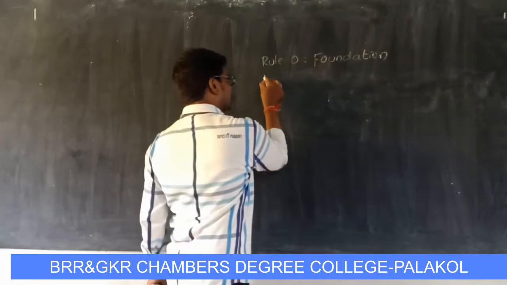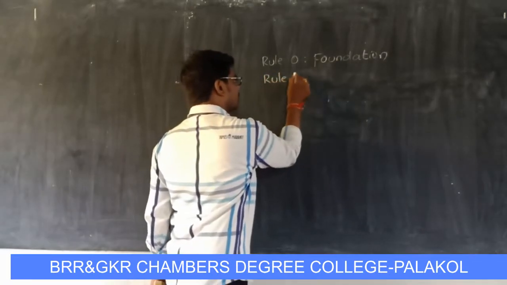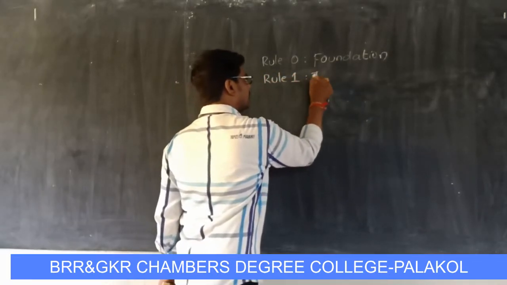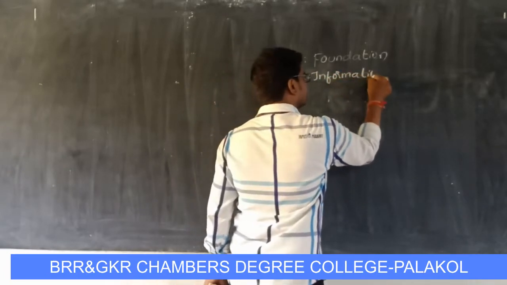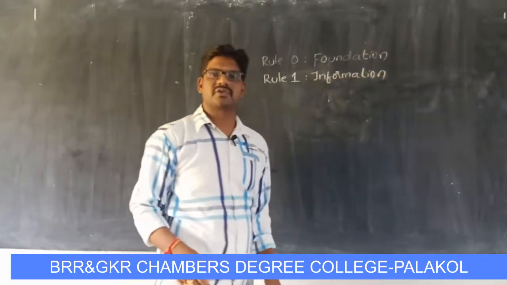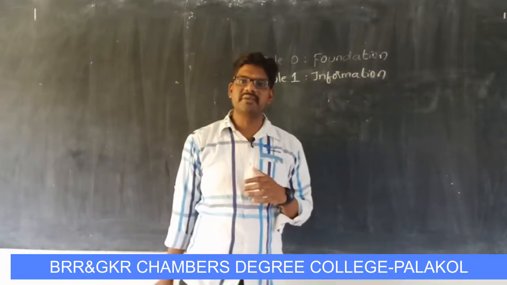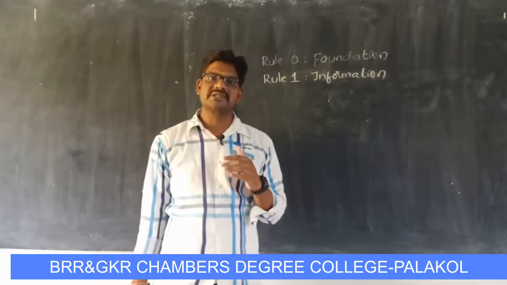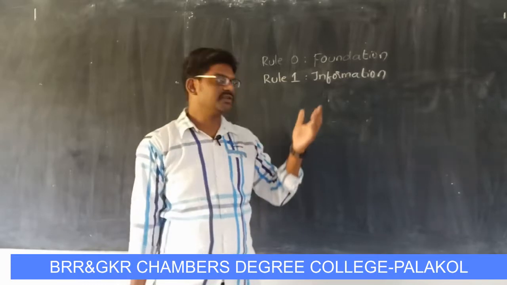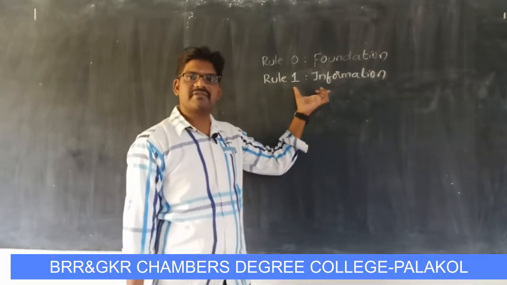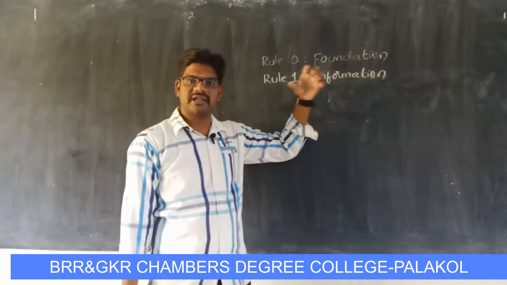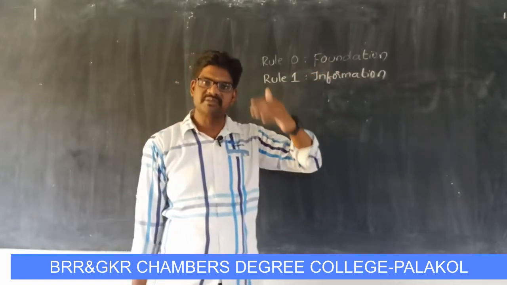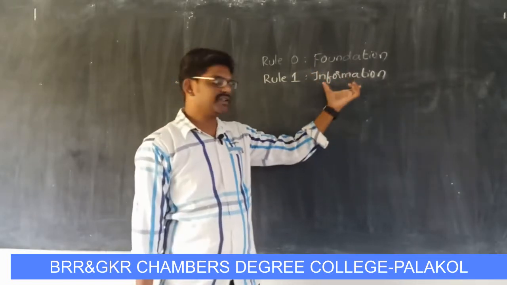Next one, the information rule. The information within the database must be available to the user. The information within the database must be accessible to the end users.